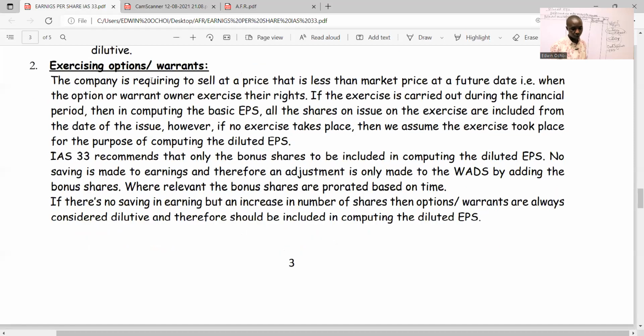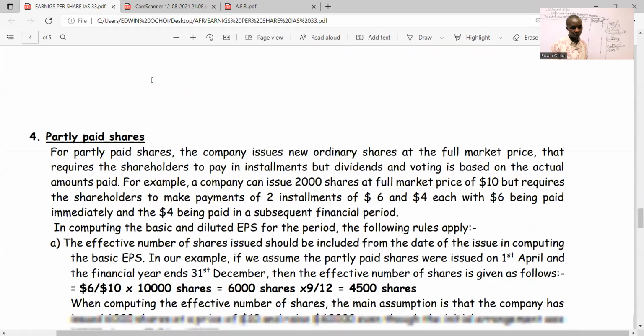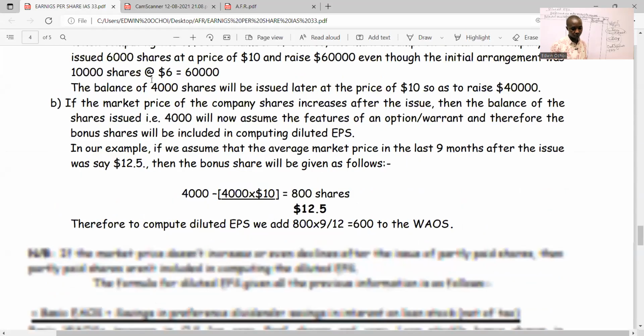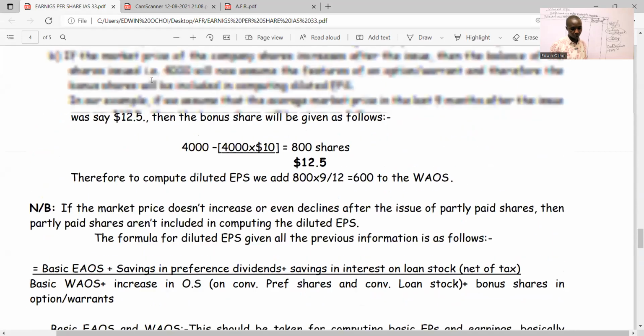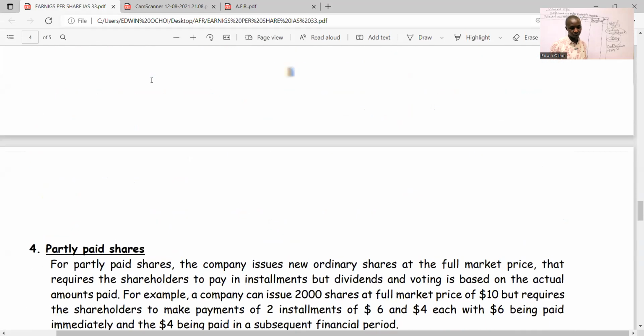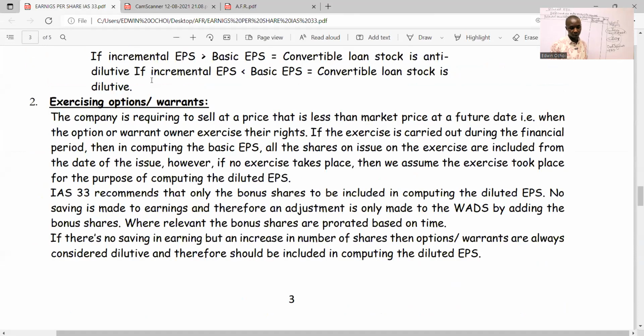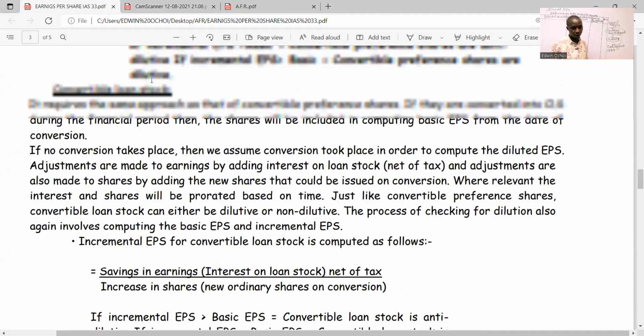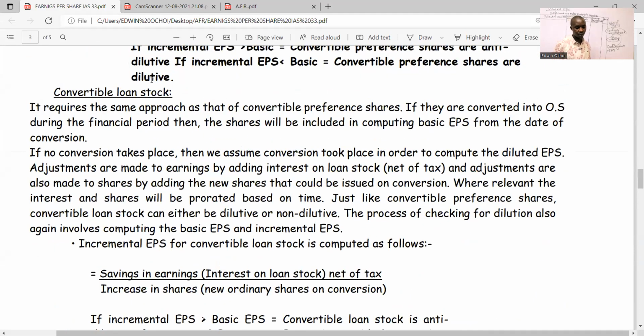Let's say I will be talking about convertible bond. These notes always express those potential securities very well. Remember that bonds are just loans. They say it requires the same approach as convertible preference shares.